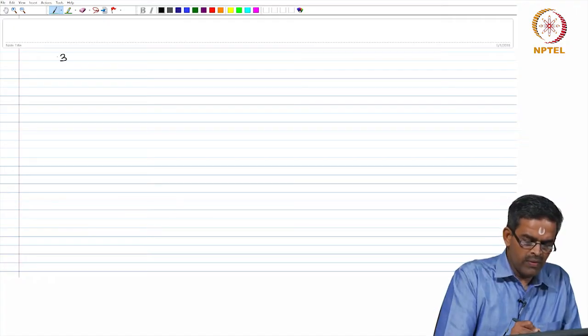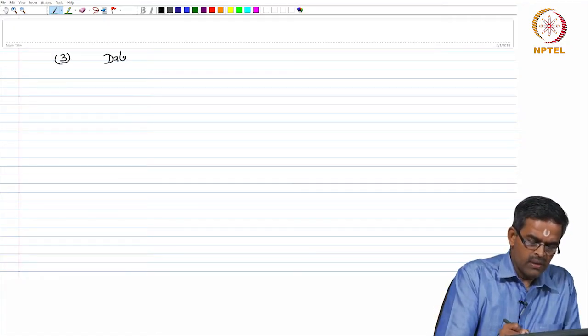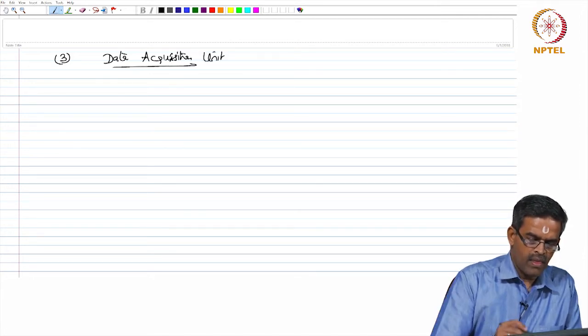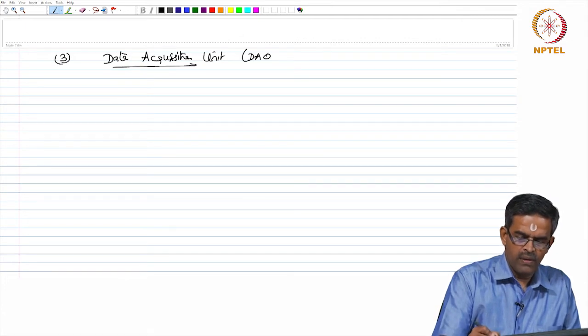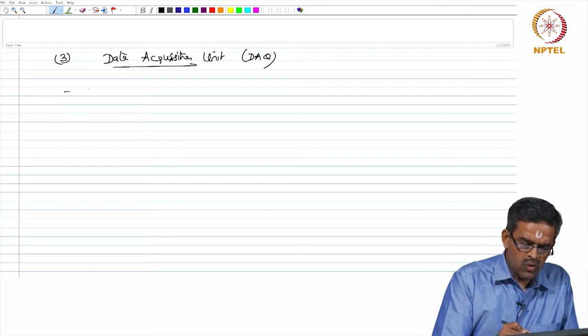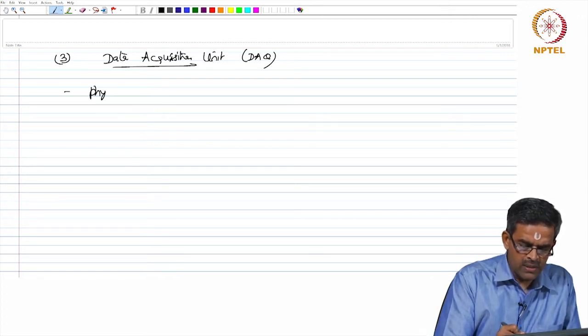The next unit that we will talk about will be the data acquisition unit, briefly known as DAQ. DAQ also physically measures the response.